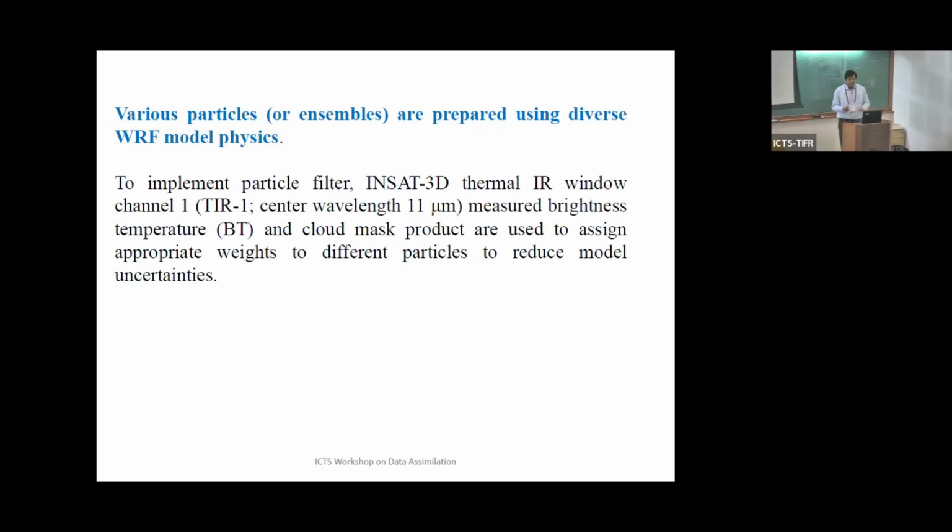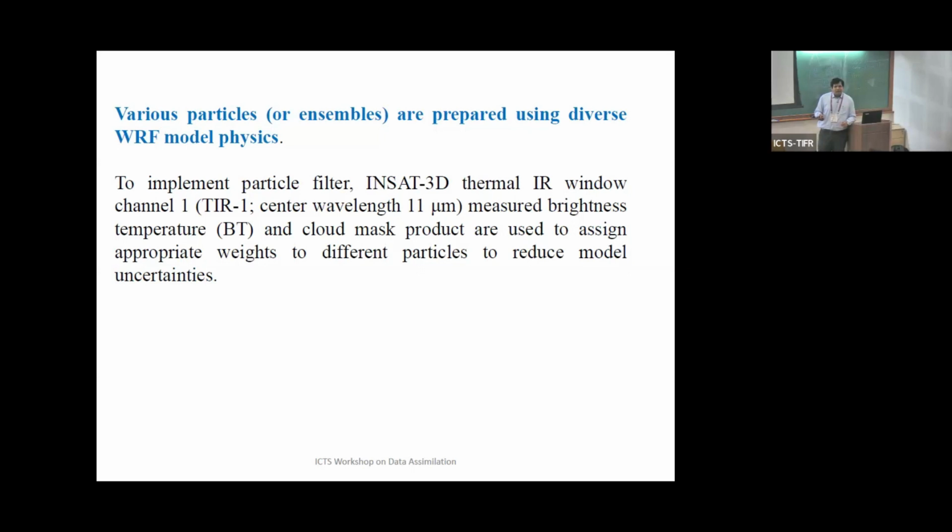Now in this, to assign the weight to my different ensembles of particles, I use two concepts. One is whatever brightness temperature I simulated from the radiative transfer model, I compare with the satellite values at that time.